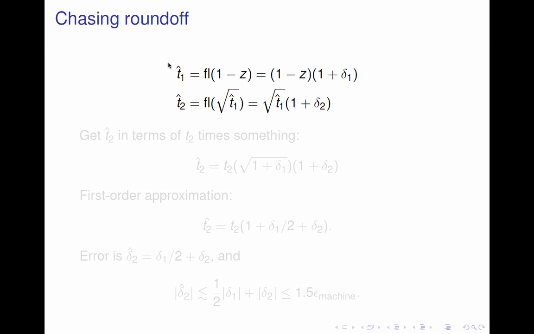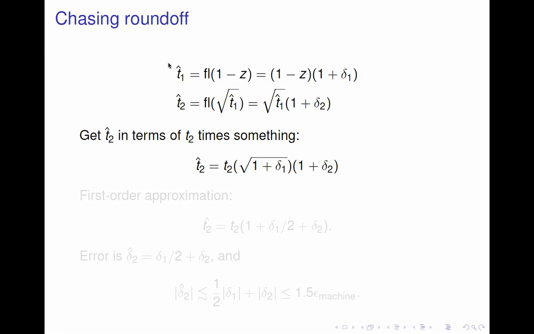So in the first step, you compute the floating point value of 1 minus z. So that's (1 minus z) times (1 plus some delta 1). And now we're going to compute the floating point value of the square root of that computed 1 minus z. So that's going to be the square root of the computed 1 minus z, times (1 plus some delta 2). Right? So now we really want things in terms of the true value.